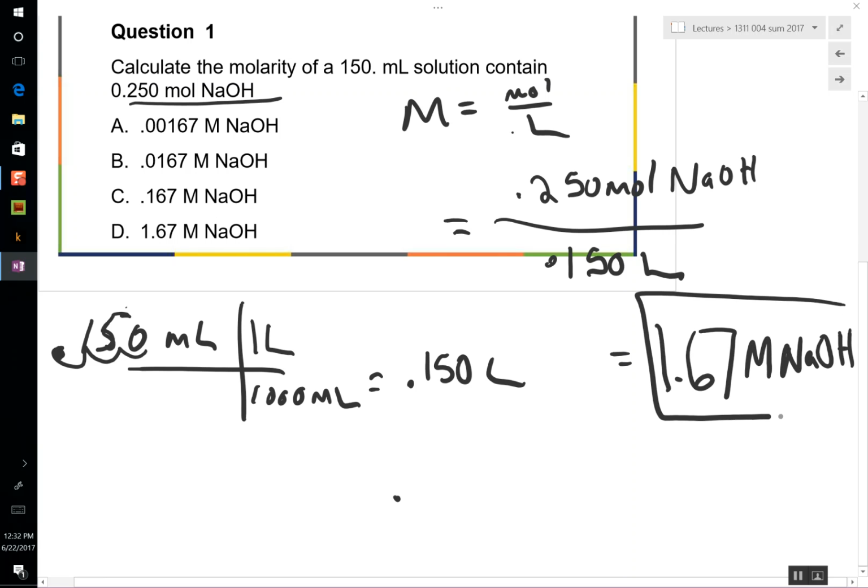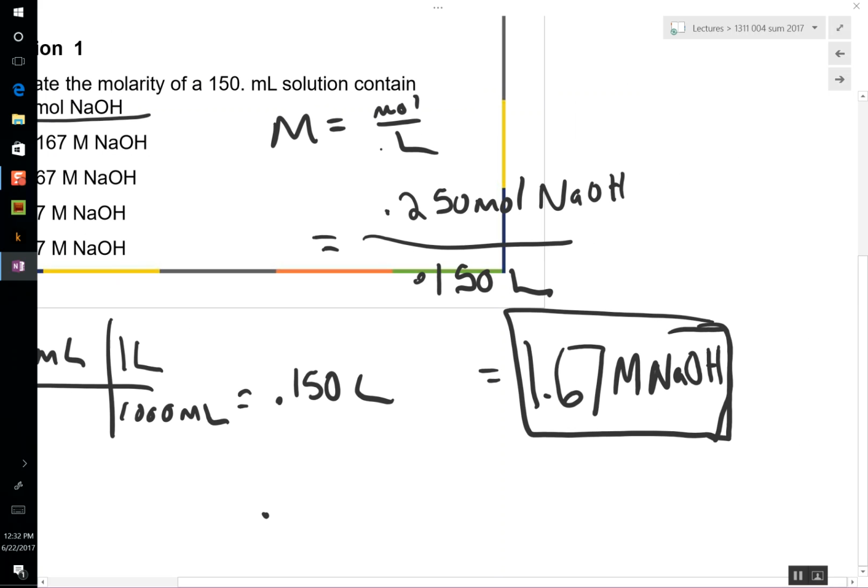Now, I like to see the answer like that. Not just 1.67 molar, but molar what? Sodium hydroxide. If we went over into the lab, we would not label a bottle 1.67 molar. If I went into the lab and saw a bottle like that, I'd say throw that away. We don't know what it is. We know what concentration it is of whatever it is, but we don't know what it is.